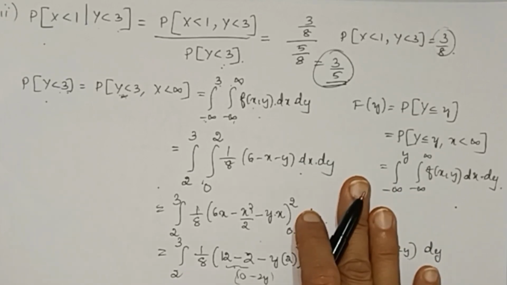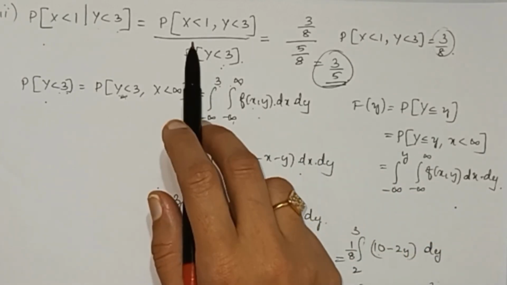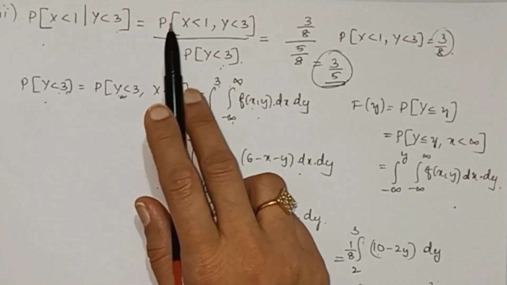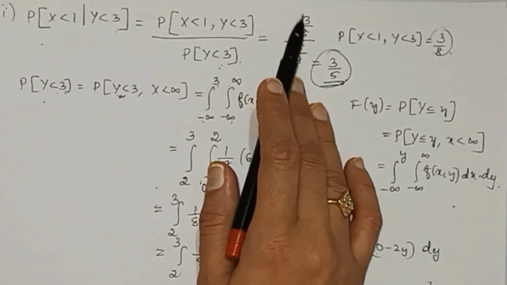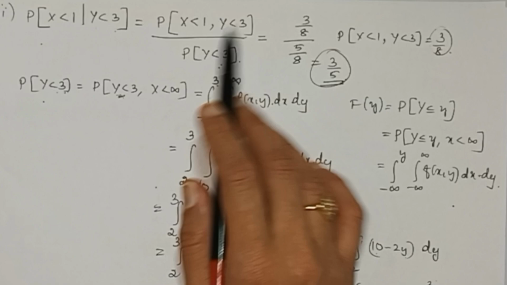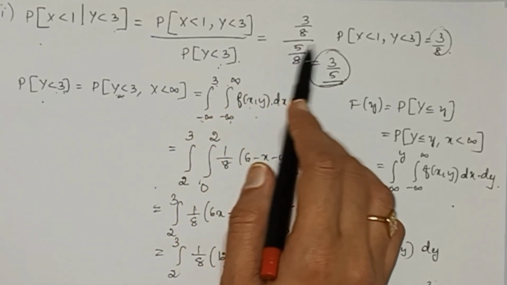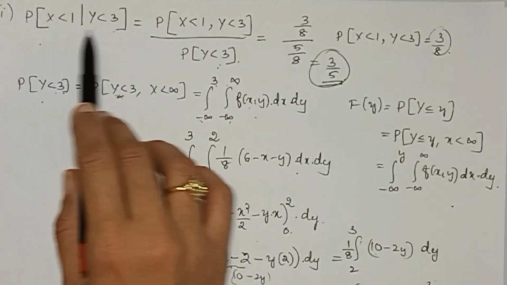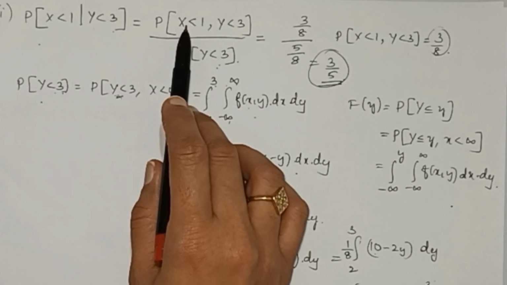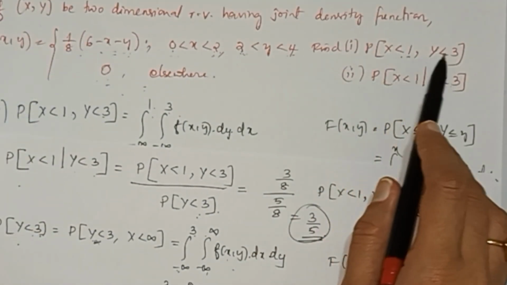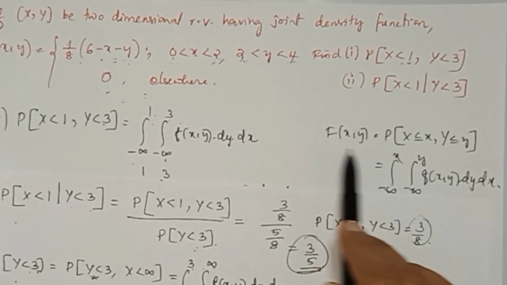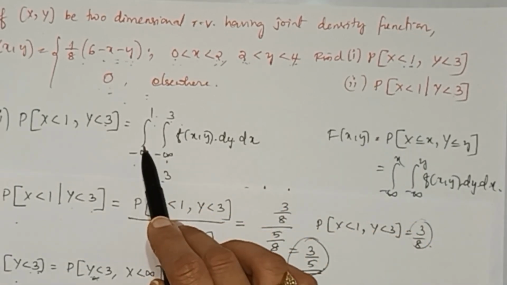Now from this question, what you can see is there is no separate question asked on finding the distribution function, the marginal distribution function or a conditional distribution function. Instead of that, they'll give it like this. So in the first question, it is asked probability of X less than 1, Y less than 3. From this definition, we are solving the given problem.